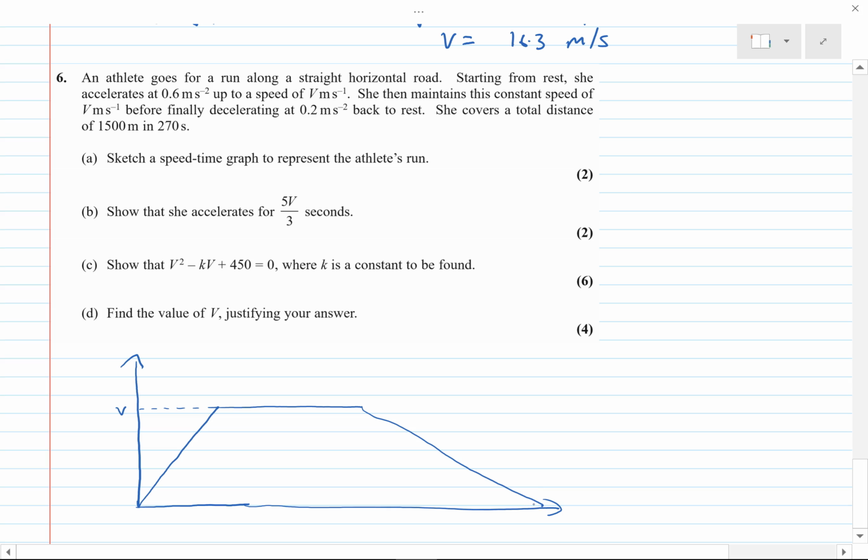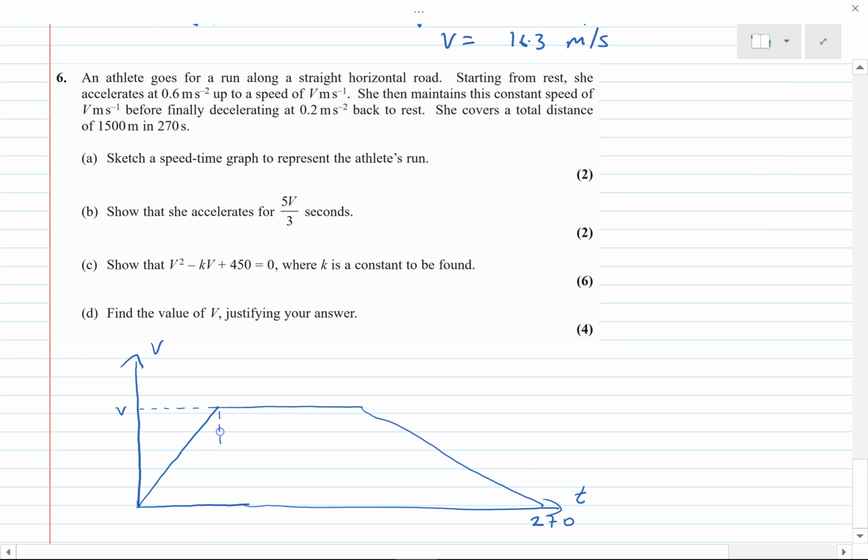It's obviously slowing down, but not at quite the same rate as the speed increased, not 3 times less, in fact. Okay, so there's our speed time graph. Pretty well all we need on here. We really should put the 270 there. But that's pretty much all the information we're directly given, so the marks should come just from that.